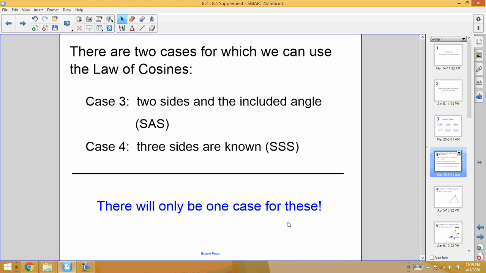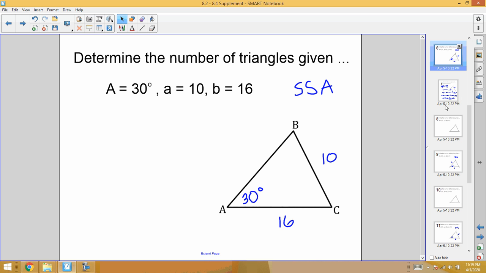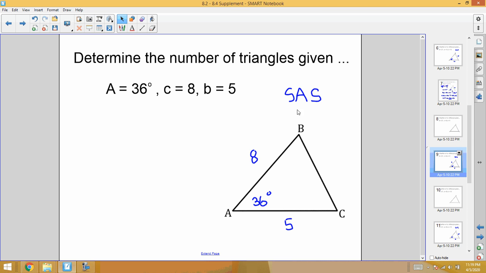You should remember from geometry class that side angle side is one of the properties that shows triangle congruence, and so that means that there's one and only one triangle that has those measures. And so this will be one that's pretty friendly in your homework. Anytime you find that you have an SAS or an SSS triangle, you can be confident that there is just one triangle for this case.